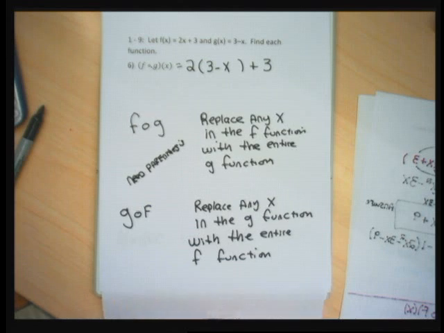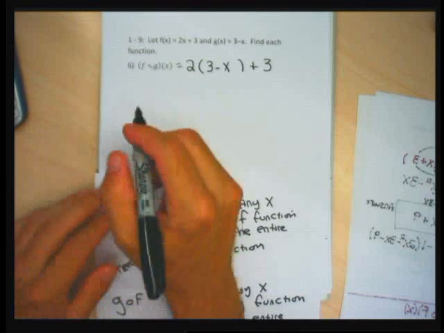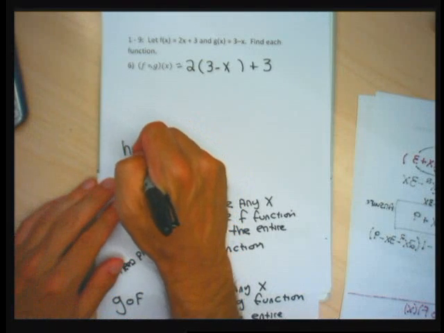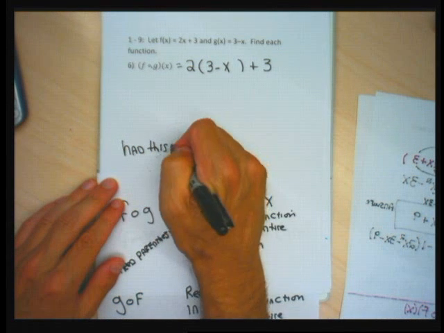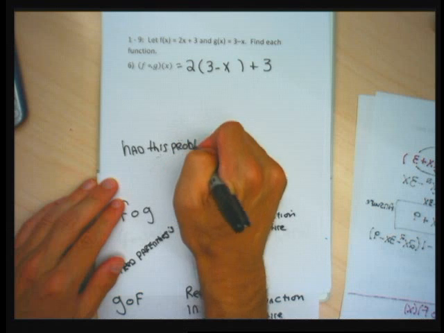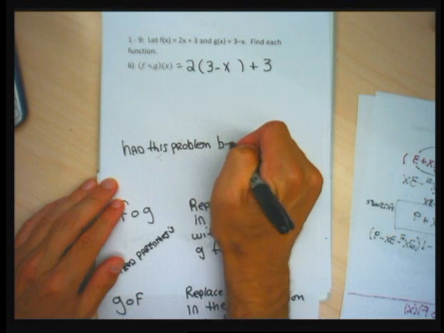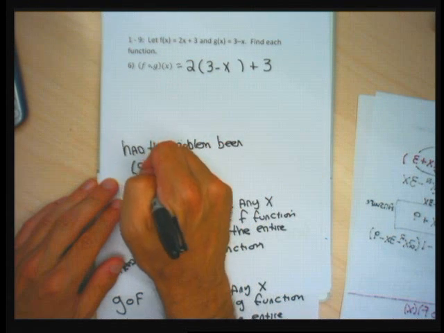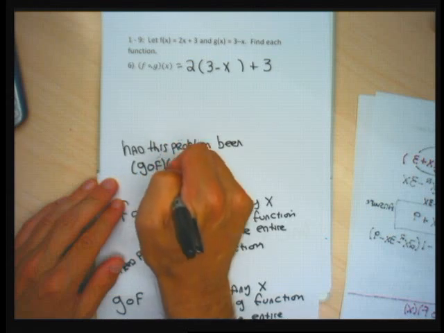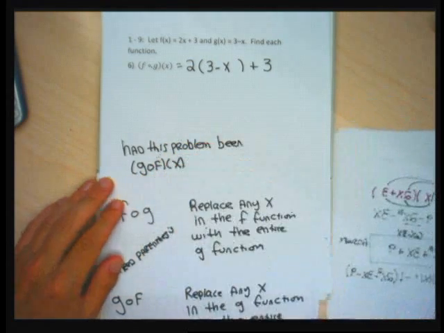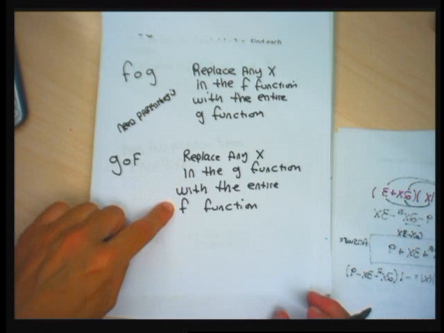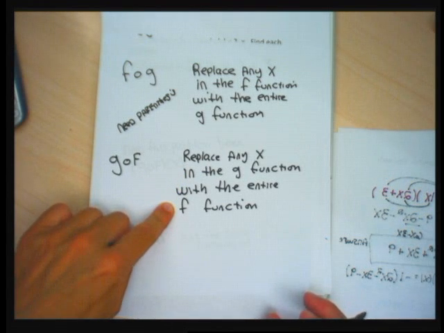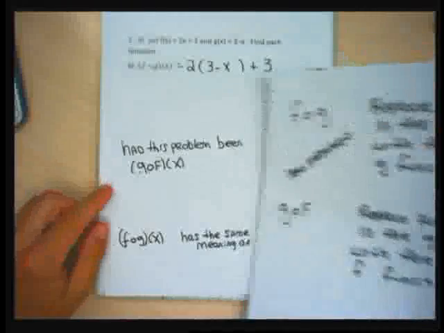The problem doesn't ask this, and I might wind up asking this later. I'm not done with the problem, but I just want to say, had it been reversed, had it been g composed with f of x, then I would replace any x in the g function with the entire f function. Because it doesn't say that, this is the reverse.